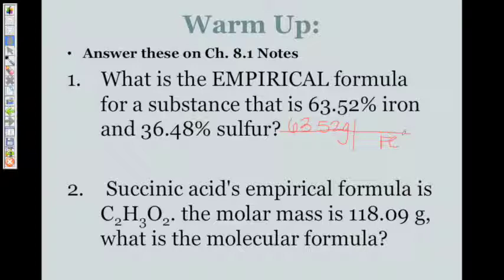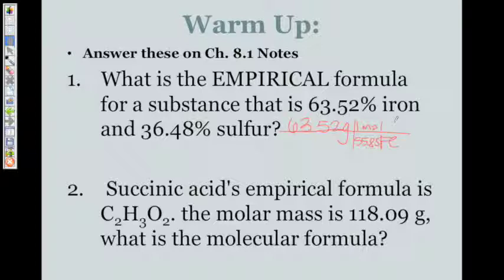So find your green sheet. Iron is 55.85. That goes on the bottom. That's 1 mole. When you divide these two, you should get roughly 1.14.